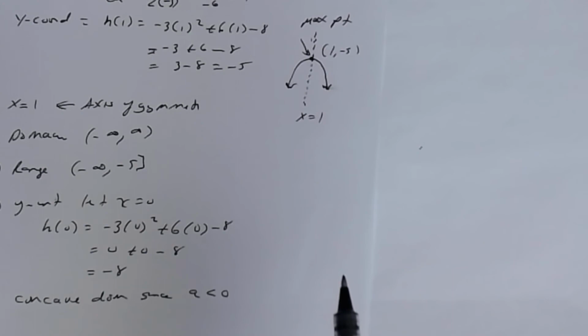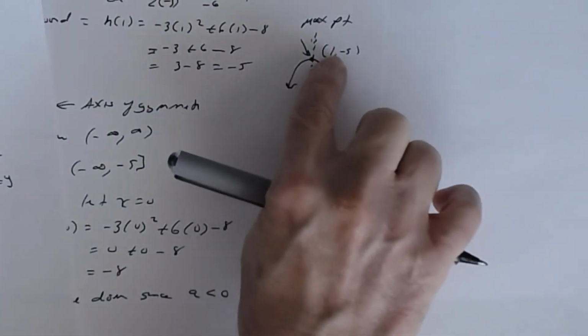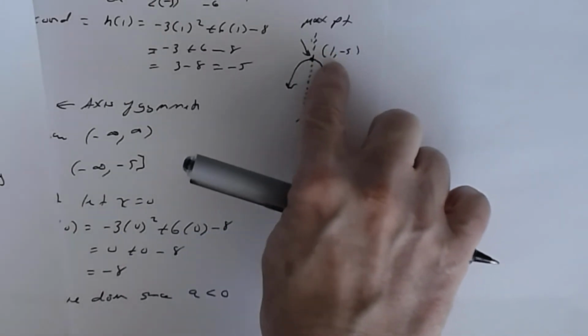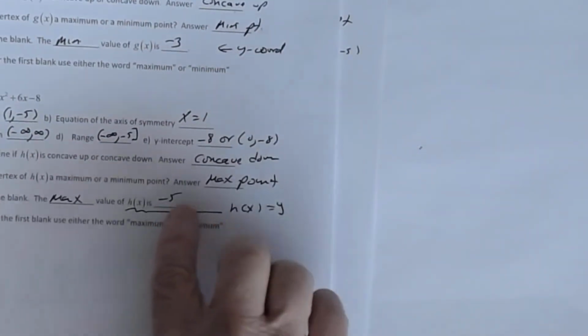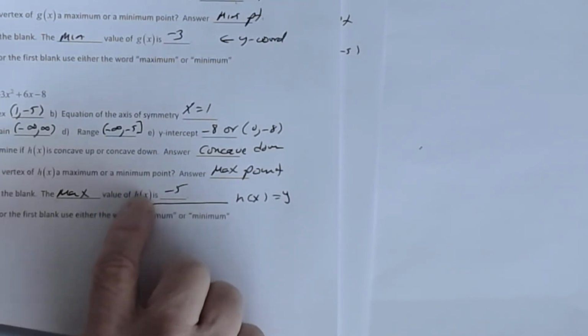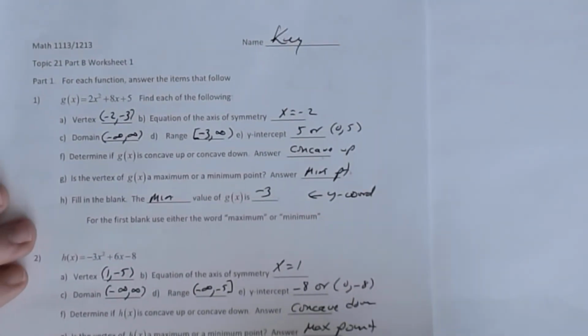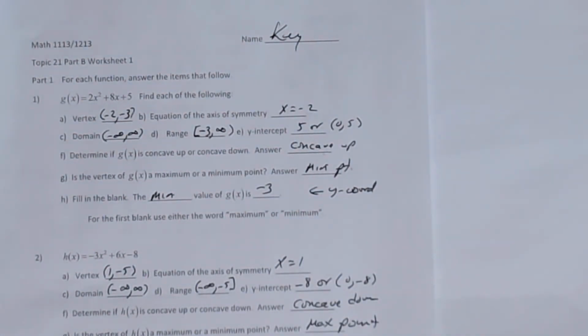All right, so it's important you put negative 5 and not the vertex. Don't put the vertex, you put the y value, because it does say maximum value of h of x. Remember, h of x means the same thing as y. Okay? All right, so that is the key to worksheet 1 of topic 21, part B.